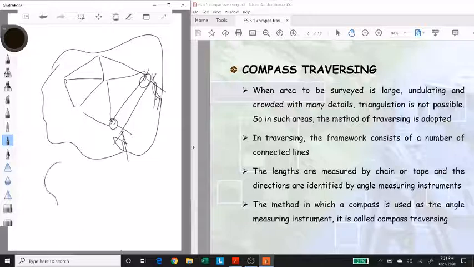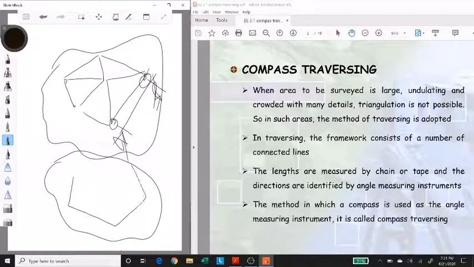Alternatively, if you want to survey the same area, another process is not to survey by making triangles like we do in triangulation, but to make a scheme which is called a traverse. The difference between triangulation and traversing is that in traversing you form an open traverse or a closed traverse.